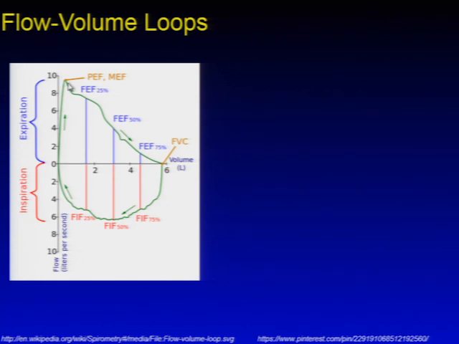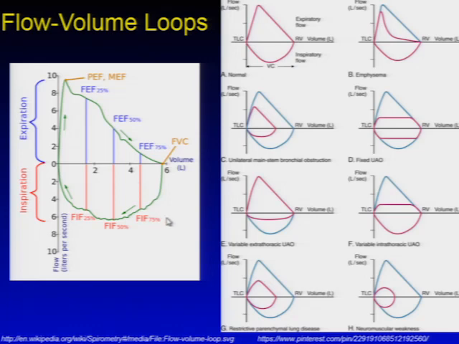After that, the volume is increased, but the flow is decreased in a steady fashion to reach the vital capacity. This is the maximum expiration. After that, you inspire, like this, and then go back to the baseline. So it's important to remember this flow volume loop is the expression of the flow and the volume inside the spirometer, not your lung.